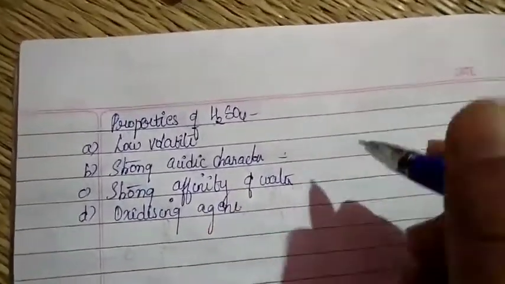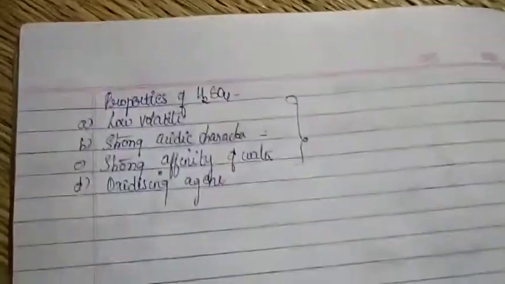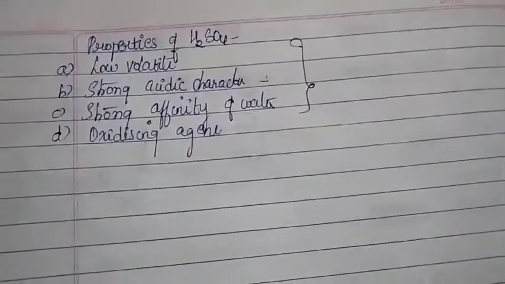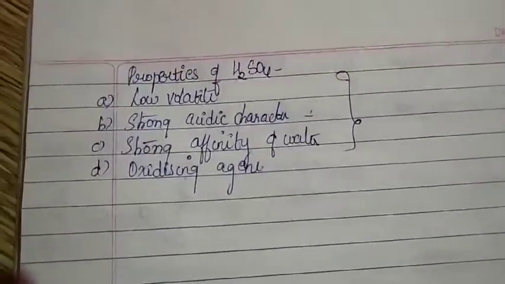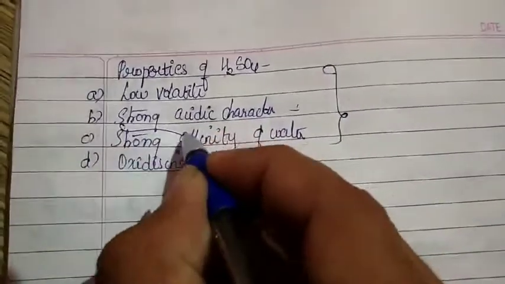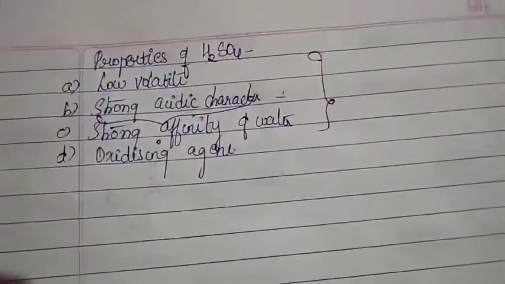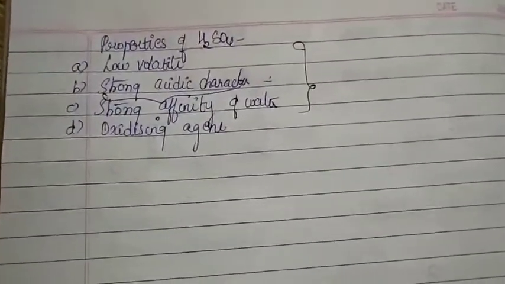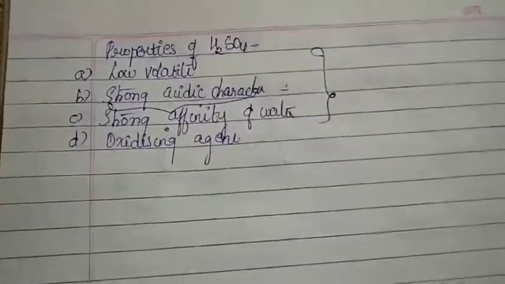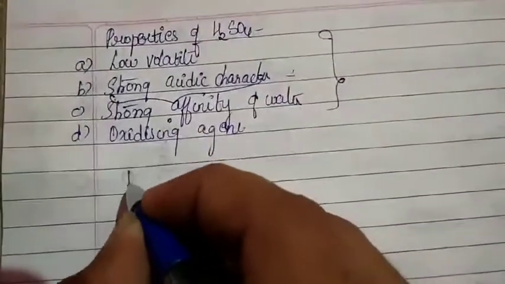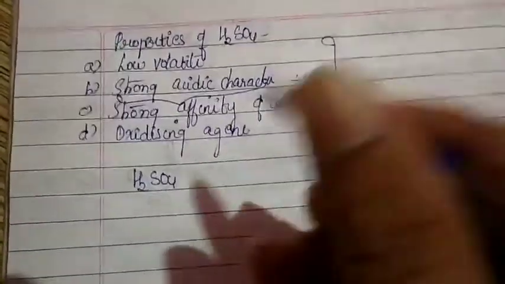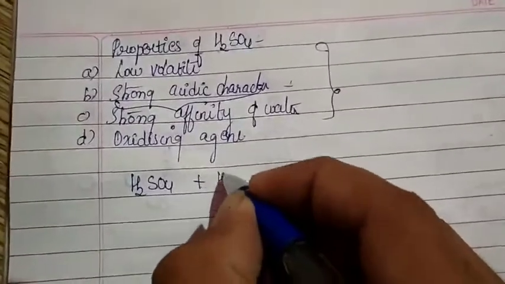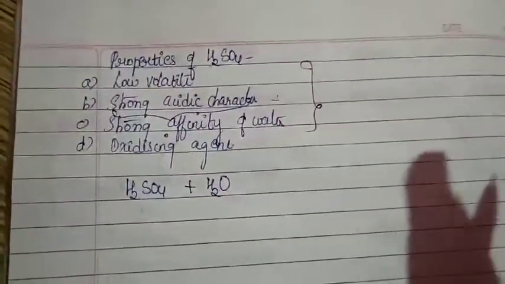So this is the one acid where you can see all these characteristics, which are very important to carry out any reaction. As I mentioned, one of the important characteristics is its strong acidic character. In order to understand this, first we have to see how sulfuric acid behaves in water, how it ionizes in water. Do remember that H2SO4 in the presence of water ionizes in 2 steps.